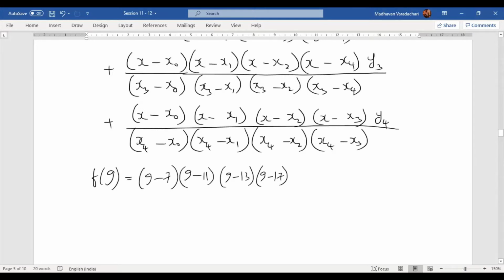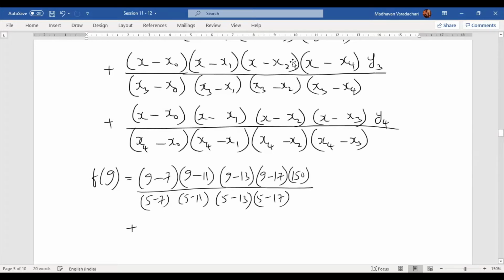Y naught is 150, whole thing divided by x naught, which is 5. So I will write 5 minus 7, 5 minus 11, 5 minus 13, 5 minus 17.